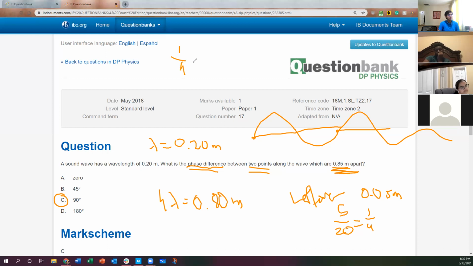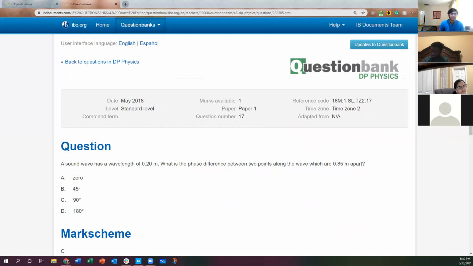You're essentially taking 1/4 of 2 pi, which gives you pi over 2, which is 90 degrees. I like to think of it in terms of fractions. I know there's probably a formula out there, but conceptually, you're more likely to be able to apply your knowledge in different scenarios than just using a formula.